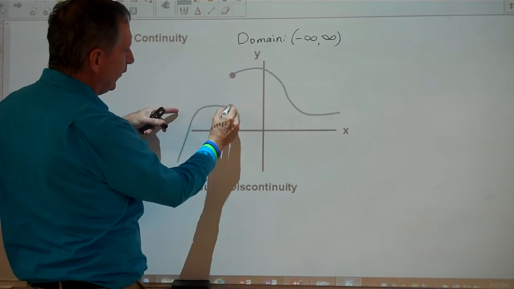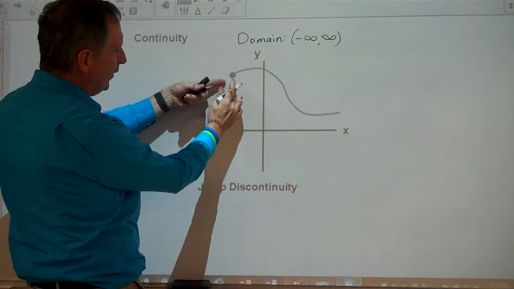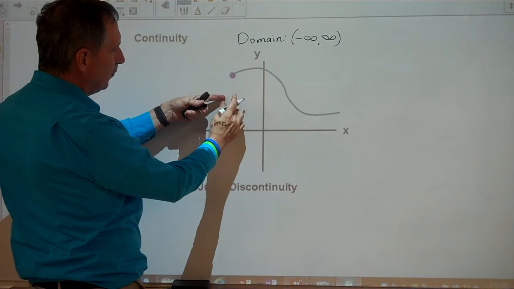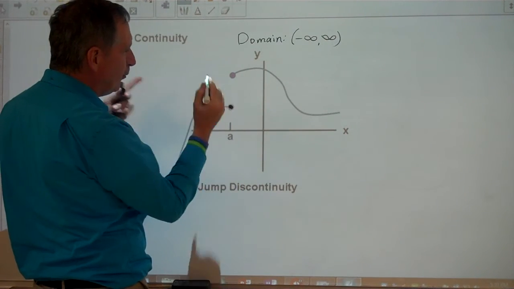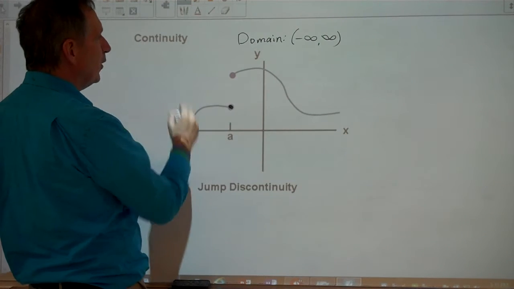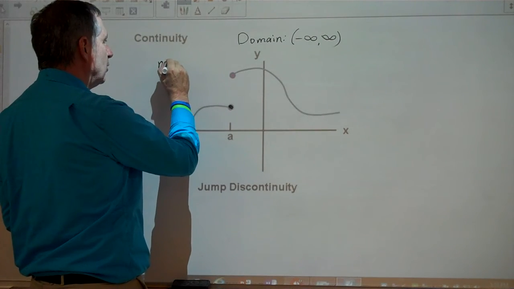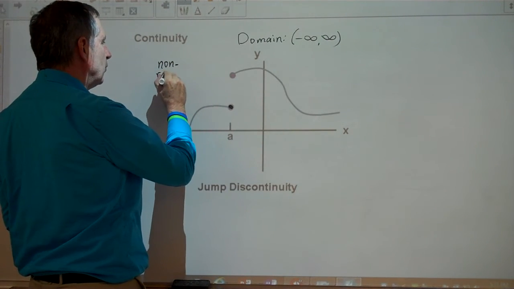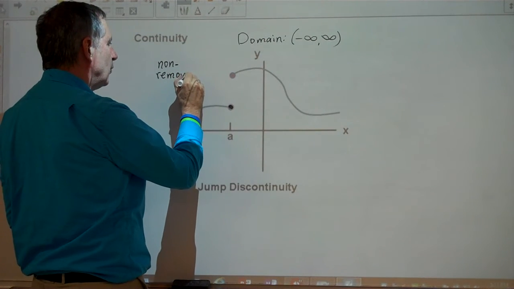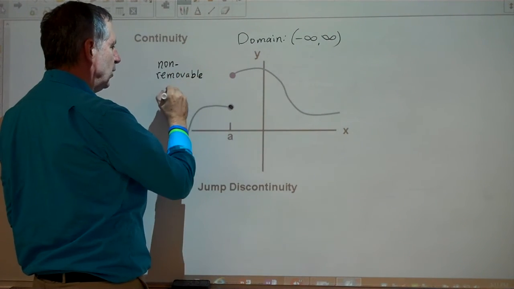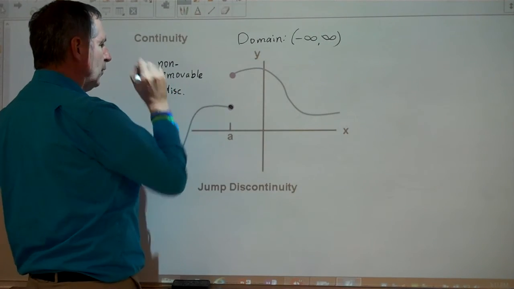We cannot just fill in this point and make this a continuous function by filling in a point. And so this is an example of a non-removable discontinuity. Okay?